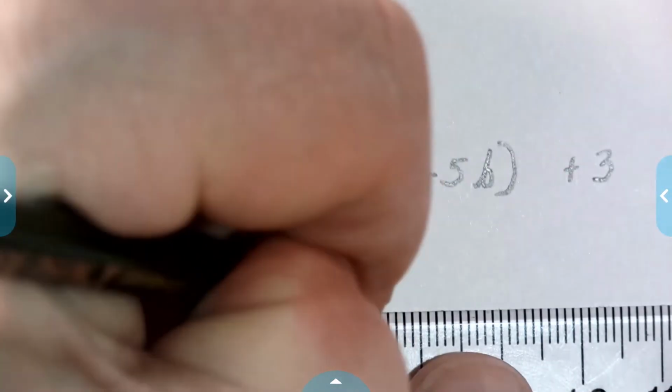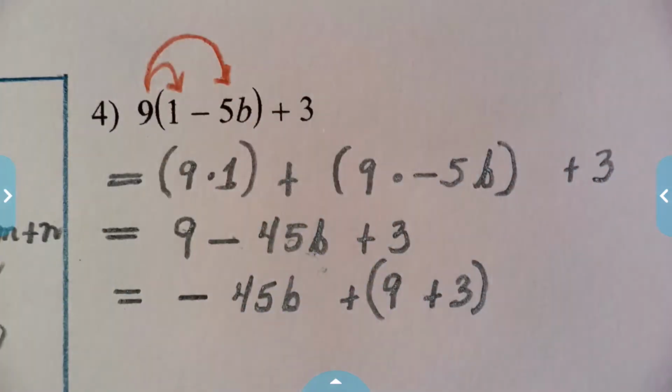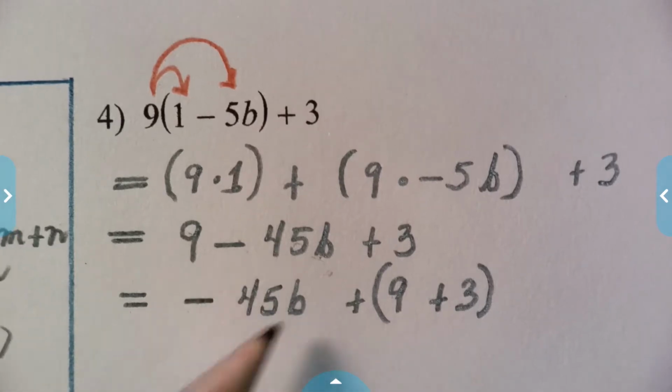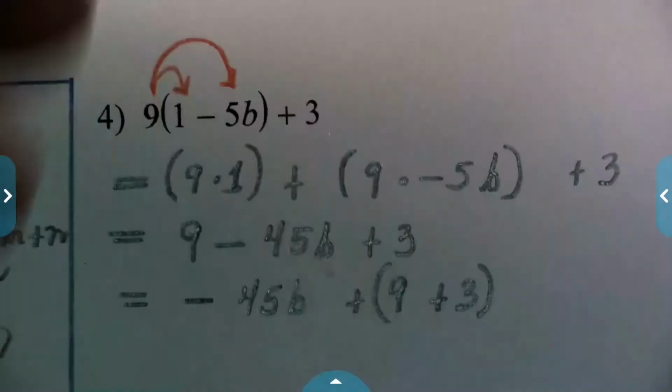And then you can say plus 9 plus 3. Like that. You're allowed to reorder the problem as long as you keep the signs together, okay? So as long as we have that.